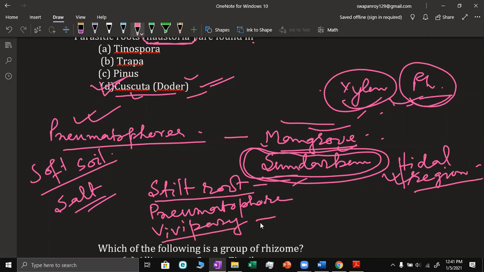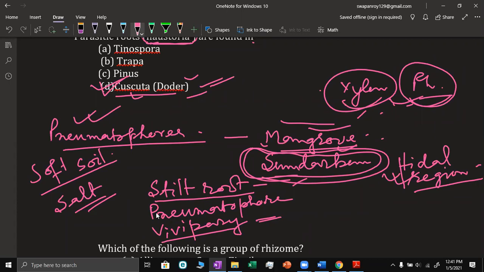Vivipary is the germination of seed, okay, germination of the seed when it is still attached with the mother plant. Usually what happens is that the fruit drops from the mother plant and then the seed germinates.